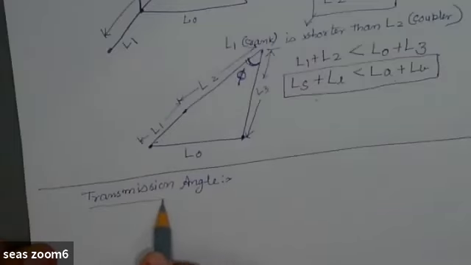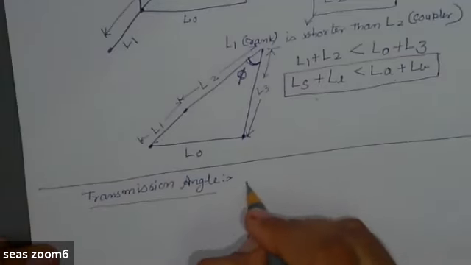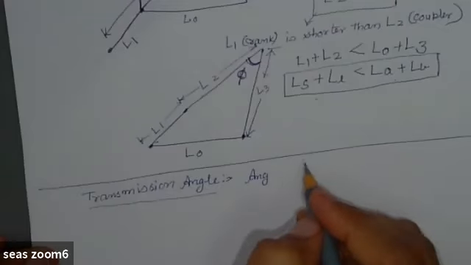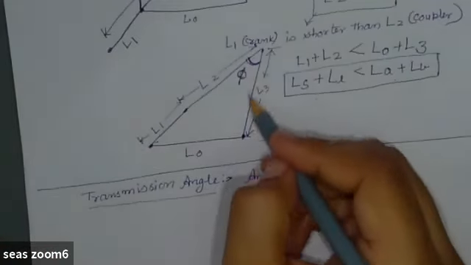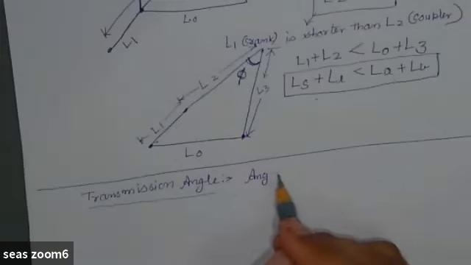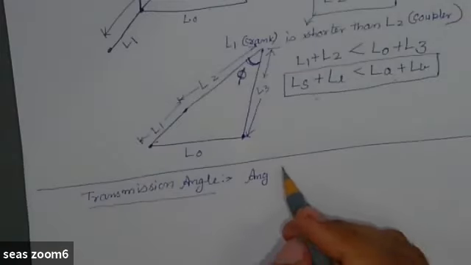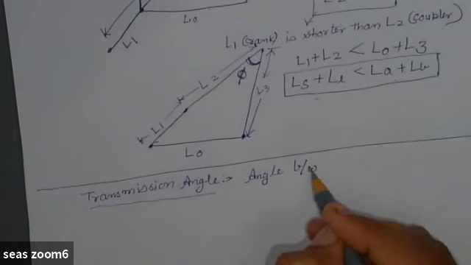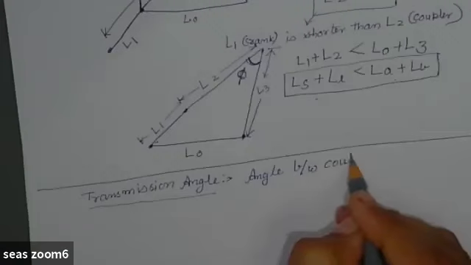So the transmission angle is the angle between the coupler and the rocker. L3 is called the rocker, and it is also called the driven crank. Okay, so this is the angle between the coupler and the rocker.